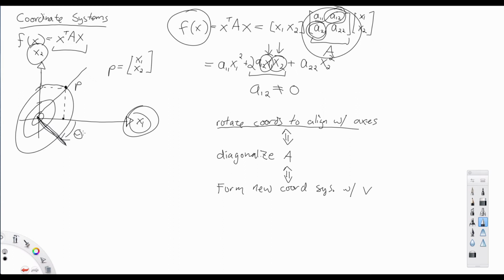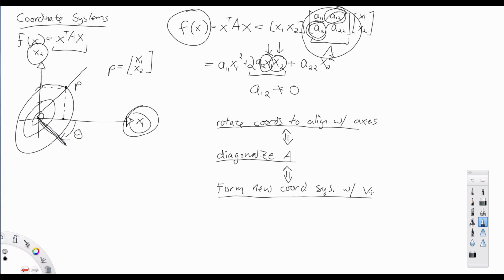And we're going to see that this is equivalent to diagonalizing the matrix A, or, in other words, forming a new coordinate system using the eigenvectors of the matrix A. When we rotate this coordinate system and the coordinates are aligned with the minor and major axes of the conic section, then we're not going to have any of this correlation.